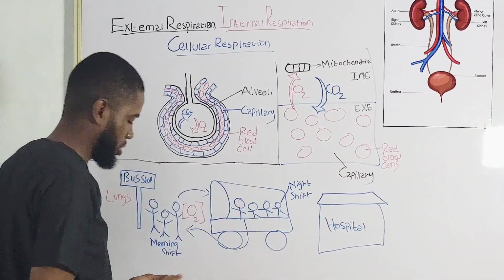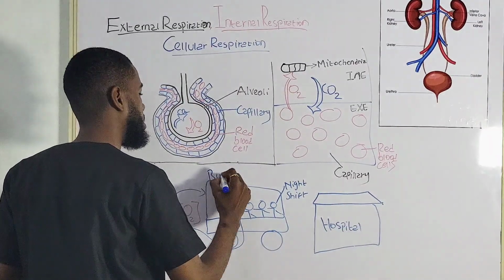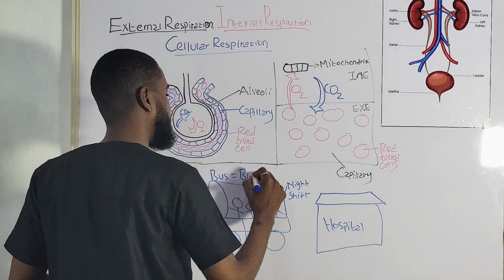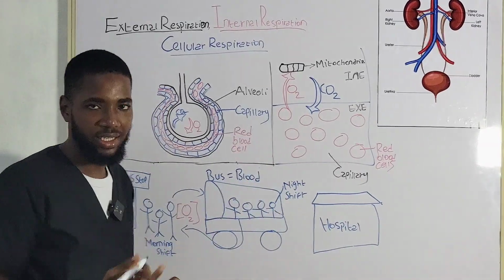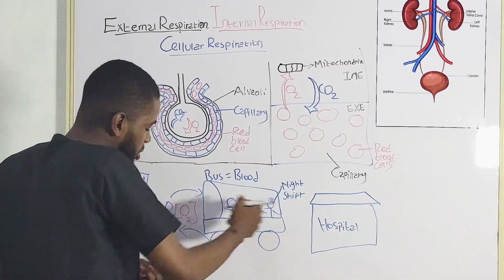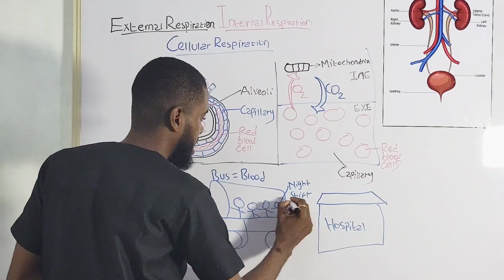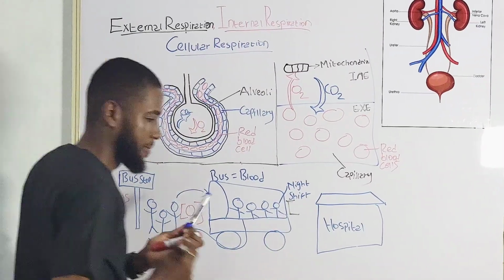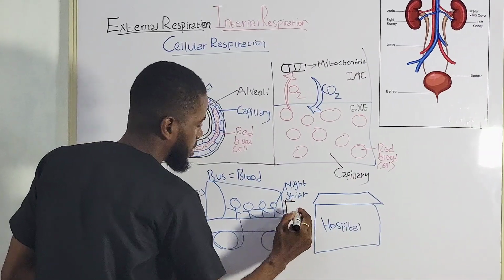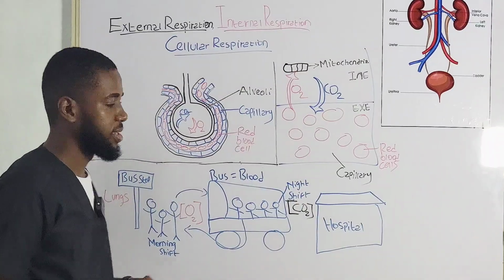Let the bus equal your blood, which carries oxygen and carbon dioxide. Very good. I want those on the night shift to represent carbon dioxide, that is CO2. Do you see what I'm doing there?